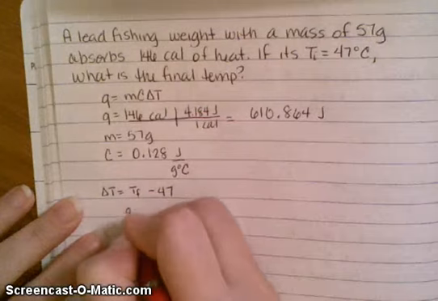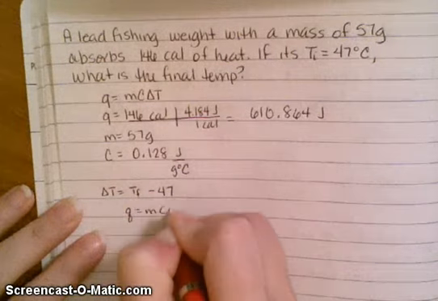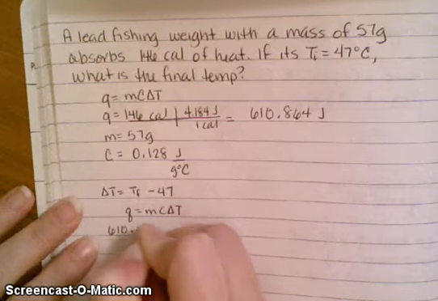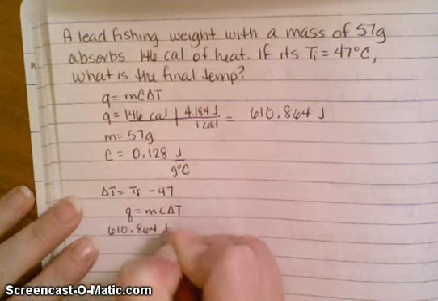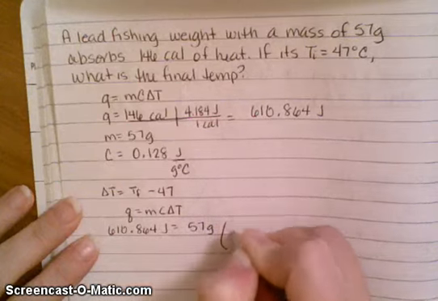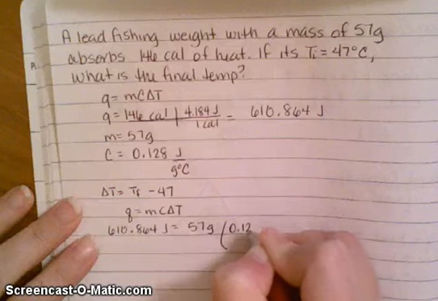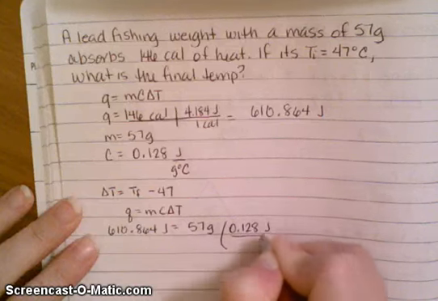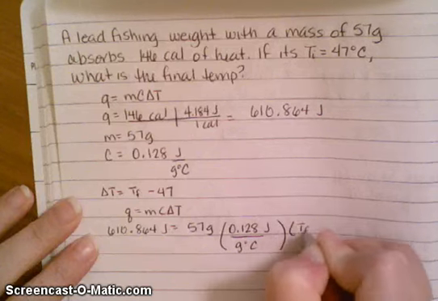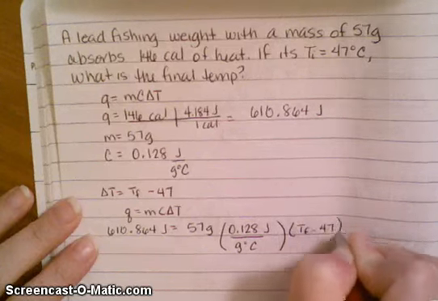So now we want to plug it back in the original equation. So I'm going to have 610.864 joules equals 57 grams times 0.128 joules per gram degree C times the T final minus 47.